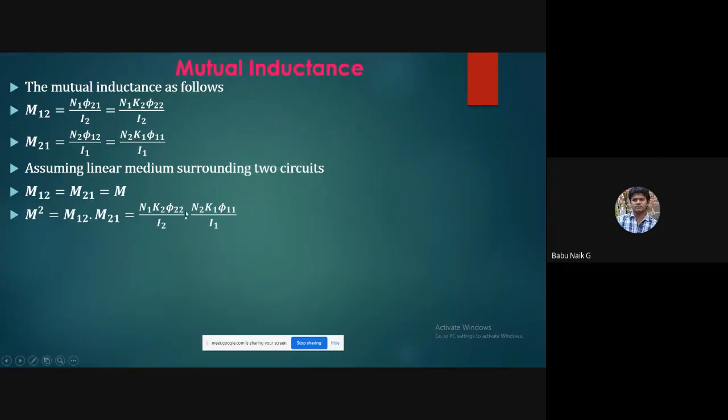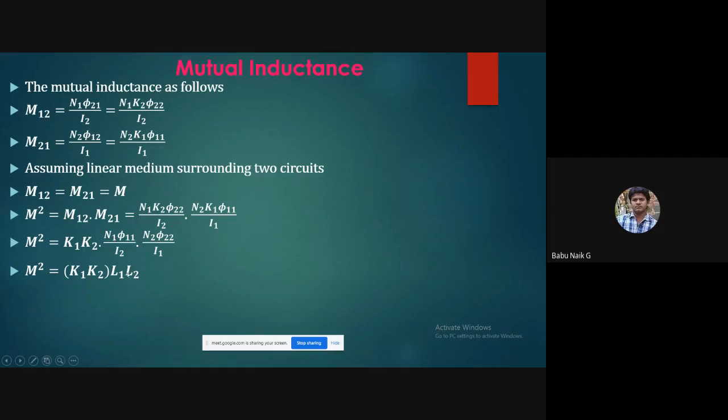Okay. So after keeping the M12 and M21 equations here, it is all multiplied, and the constants K1 and K2 will come here, and then the remaining N1 phi 11 by I1 and N2 phi 22 by I2. Okay. So further, if you simplify this, it is equal to L1 and L2.